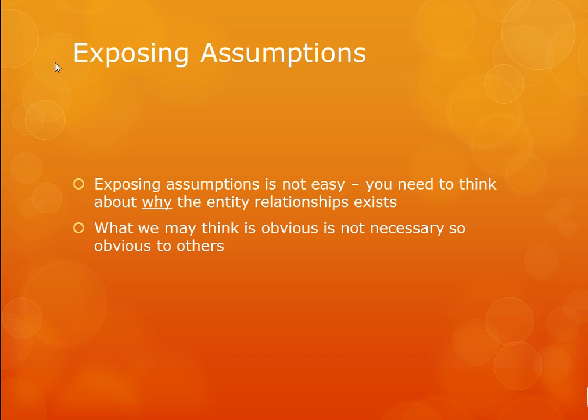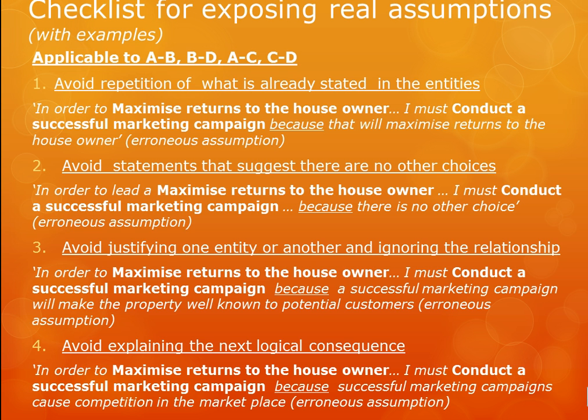There are other tests or checklists that we apply to ensure that we're really picking up the ones that matter. Also be mindful that what you might think to be obvious, and therefore don't state as an assumption, isn't necessarily obvious to others. So you should err on the side of being conservative and state the assumption where possible.